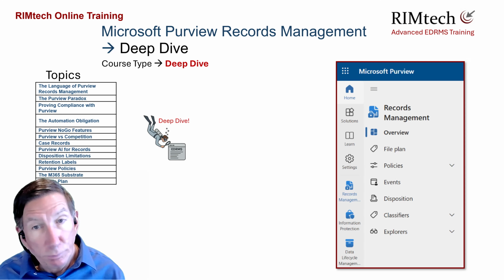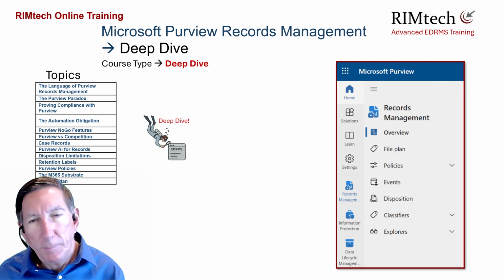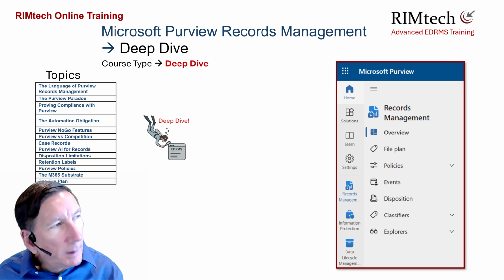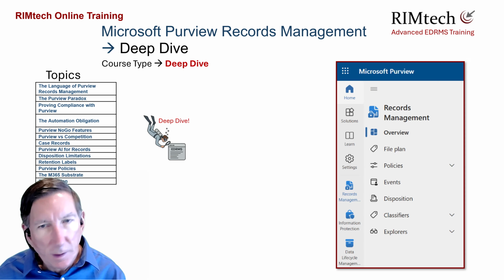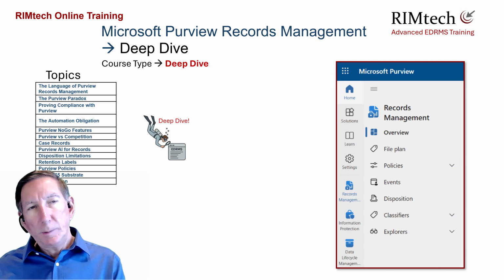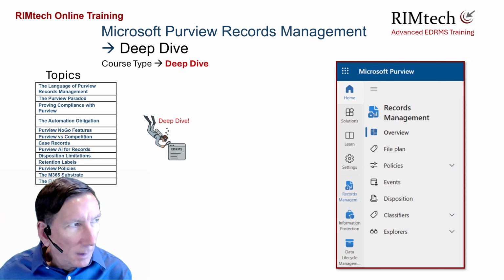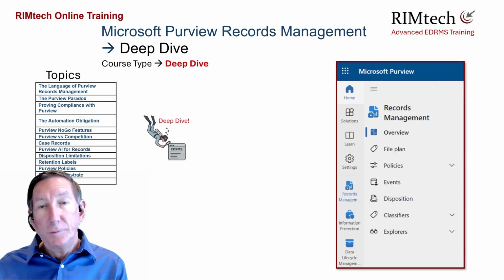We'll look at AI briefly, and we'll look at disposition, retention labels, and Purview policies. It sounds simple. Build some labels, apply them with policies, and you're done. It is not that simple, okay? And we're going to cover the M365 substrate. Now, if you're an IM or information management professional, this is going to be difficult.